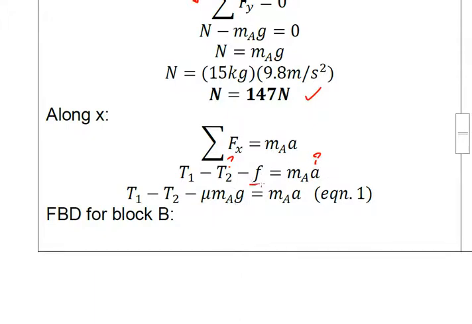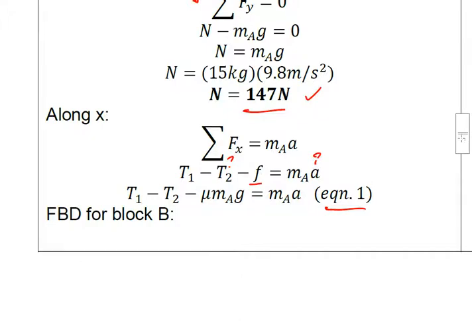The frictional force becomes now mu times m sub A times g. We just leave this as our equation 1 because we cannot resolve this equation yet, meaning we have to find another equation.